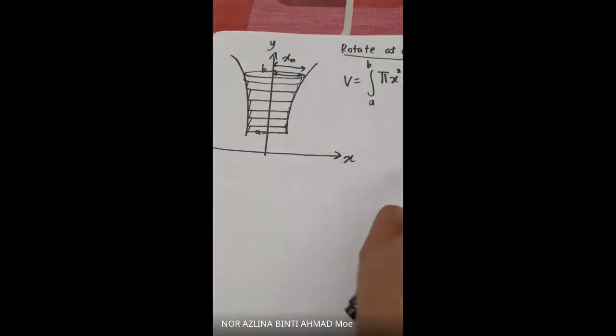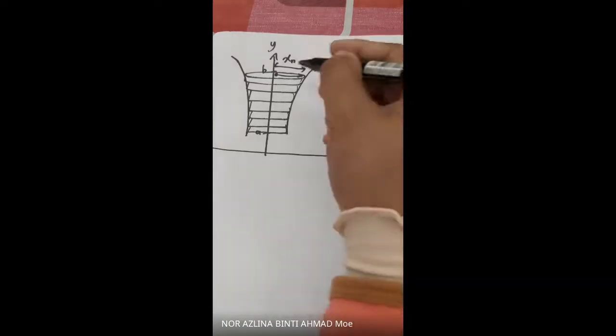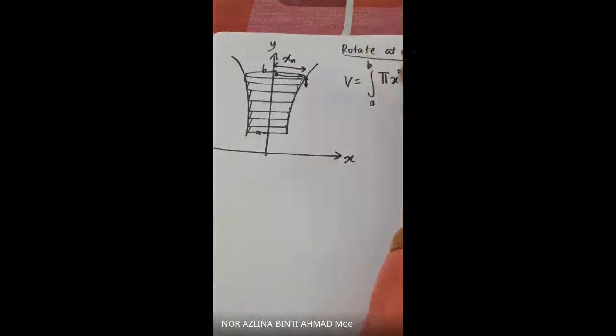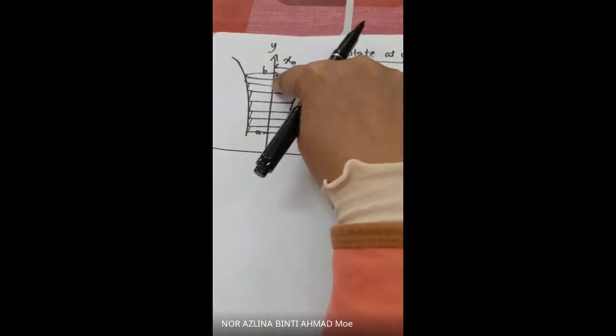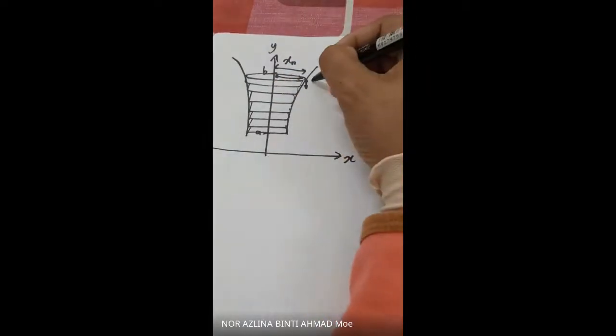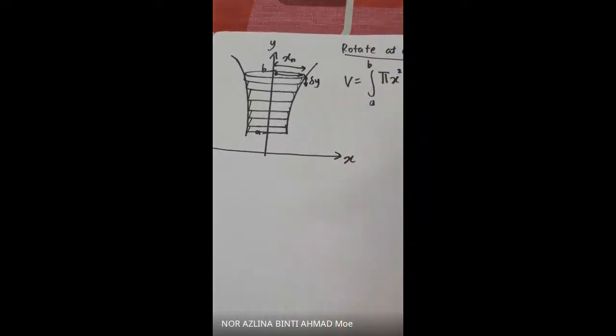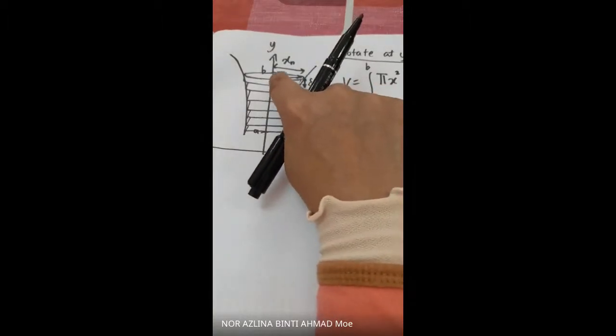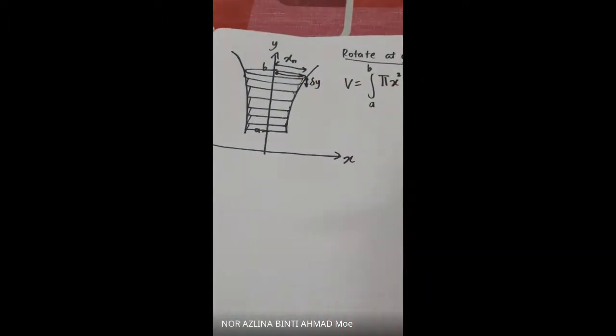Yes. Okay. Now, for cylinder, mesti ada radius dengan height. This is height, height of cylinder. So, height of cylinder is delta y, perubahan y. Maknanya y2 tolak y1. Nilai ni, that is delta y.